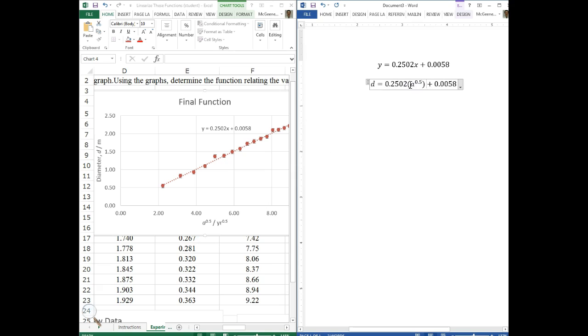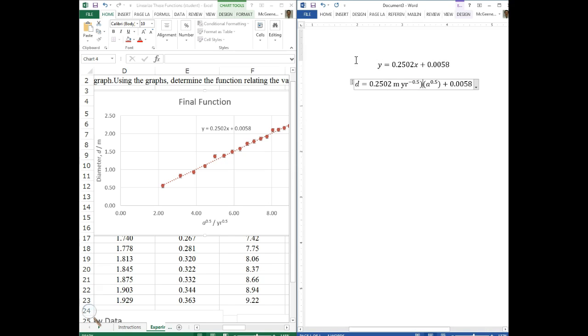Then you add units. This is the slope of the graph, so its units are y units over x units. In IB, we don't write over years to the 0.5. Instead, we write years to the negative 0.5.